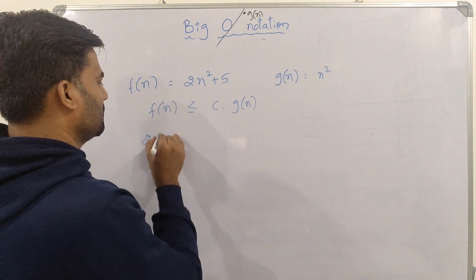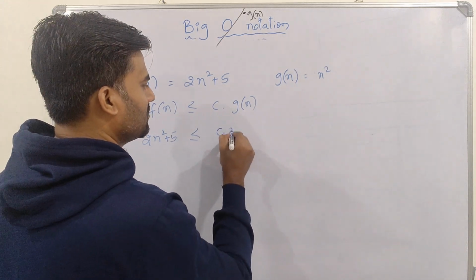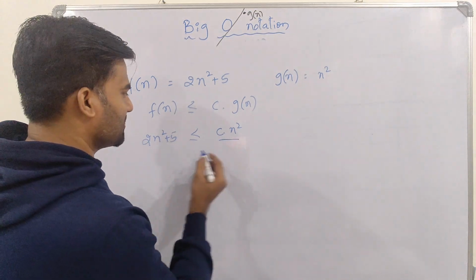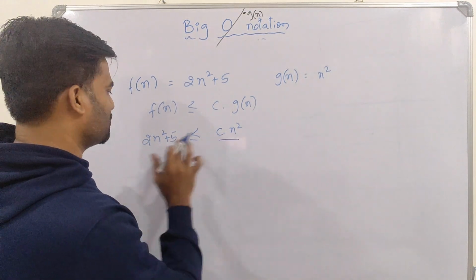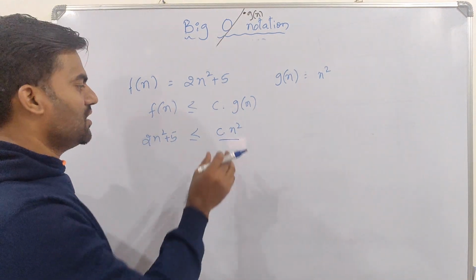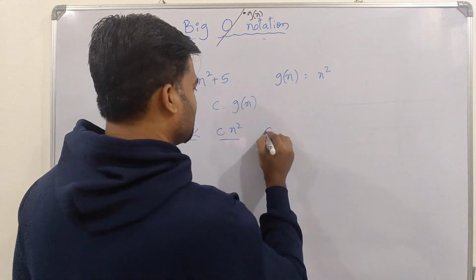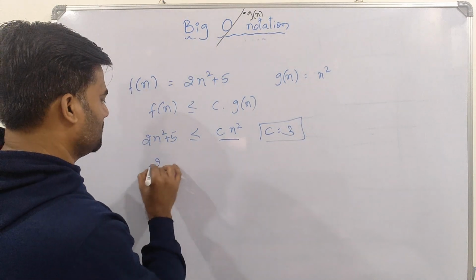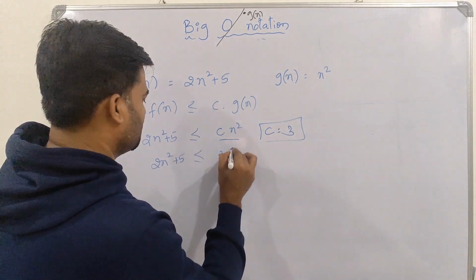That is 2n square plus 5 is less than or equal to c into n square. As we saw in the earlier example, for this condition to be satisfied, c should be greater than this particular value. We can consider more also, that's not an issue, but this will be suitable here. So I will say c equal to 3. So 2n square plus 5 will be less than or equal to 3n square.